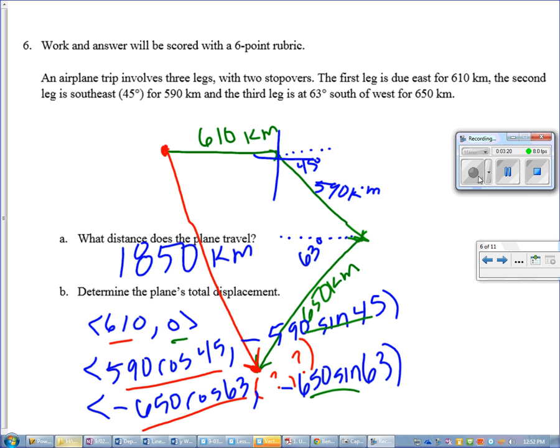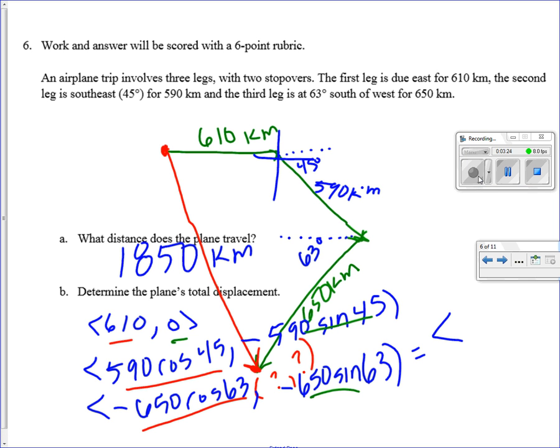Okay, so I'm getting the x-coordinate is 732.1, and the y-coordinate, let me add those together. I'm getting negative 996.35.